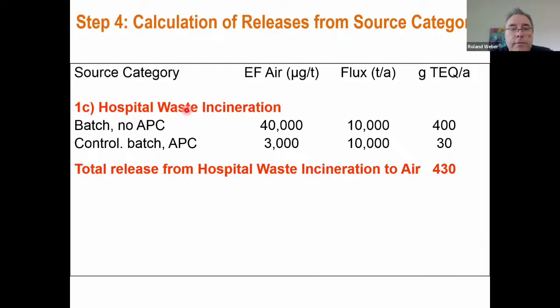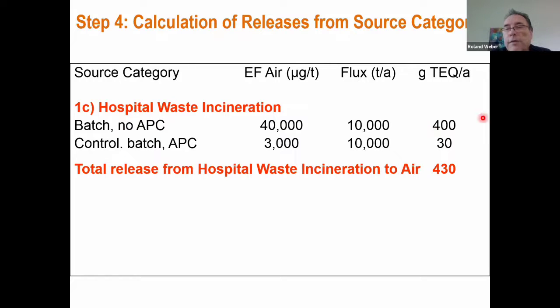This I have just done here for hospital waste incineration for one country. So in this country, they said, okay, we have some bad hospital waste incinerators and some which are somewhat controlled. Then they found that the total tonnage per year was 10,000 tons for both of these categories. And by multiplication, you can calculate the dioxin release for this case study.